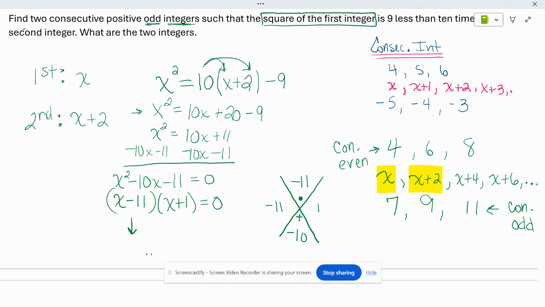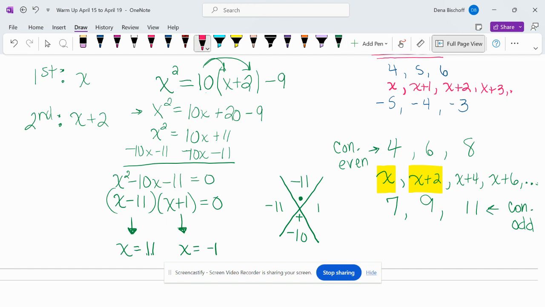Remember that the root is opposite of the factor. So if the factor is x minus 11, the root is positive 11. If the factor is x plus 1, the root is x is negative 1. So are both of my answers odd? Yep.